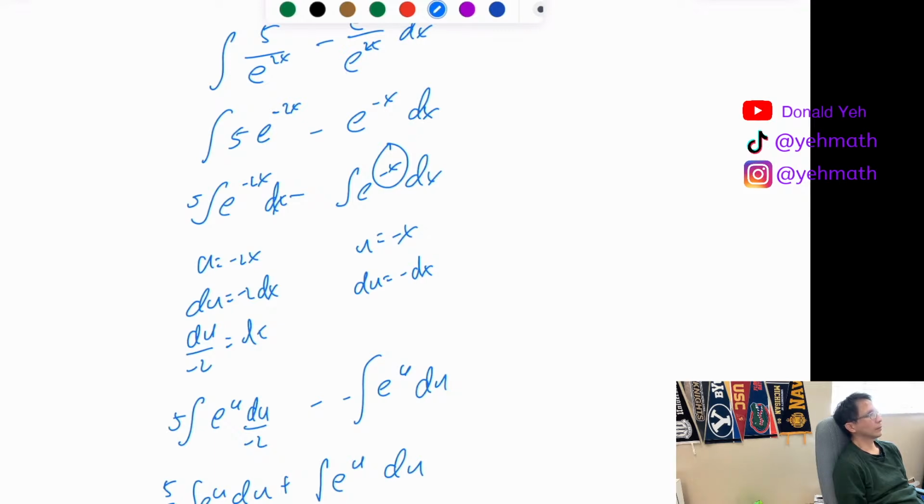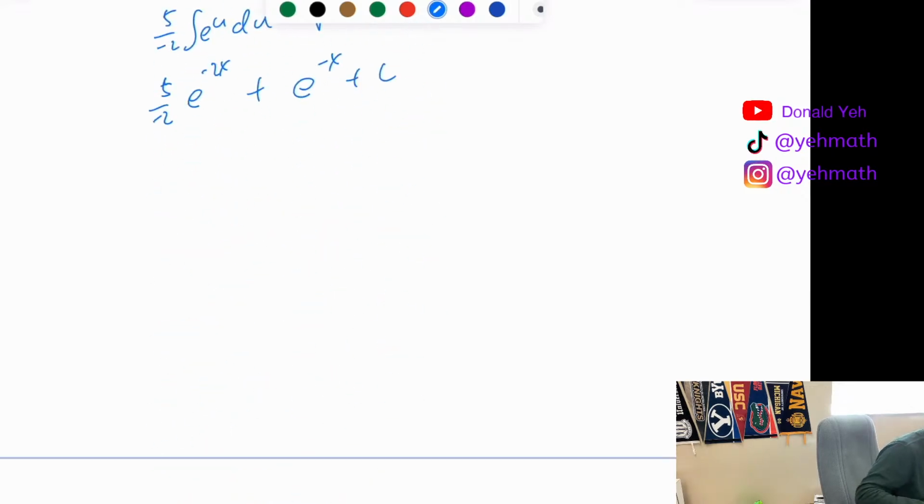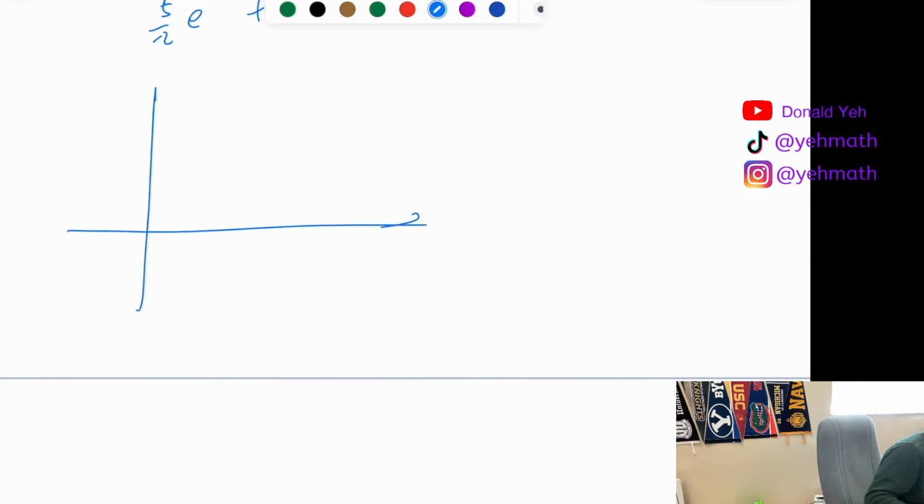I didn't know what to do for 125. Finding area, so I'm just going to graph it. e to the x is like this. y equals 0 is this part, x equals 0 is this part, and x equals 5 is this part.